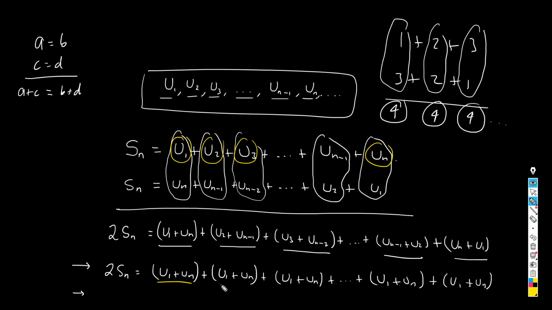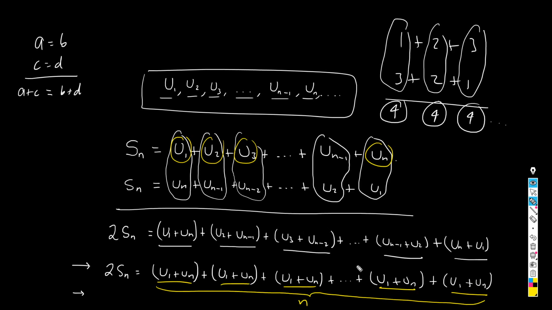We have 1, 2, 3, etc., n minus 1, n. We have n couples all equal to U1 plus UN. In other words, we have n expressions all equal to U1 plus UN. N couples. There are n couples in here, guys. I'm gonna write down here, n.